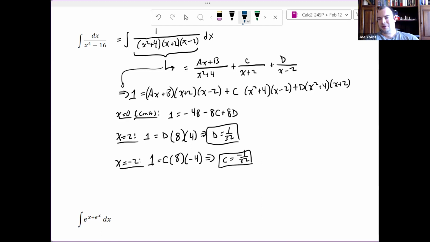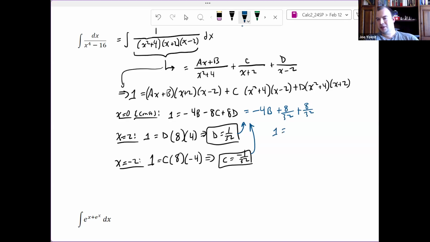I can take both of these and bring them back up here to the equation with b, c, and d, and figure out b. So negative 4b minus 8c over 32, and that's a plus now, and then plus 8 over 32.